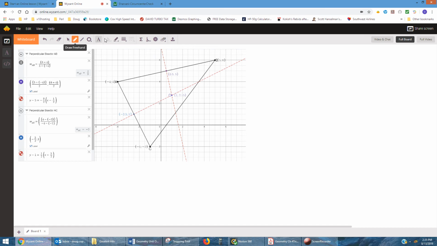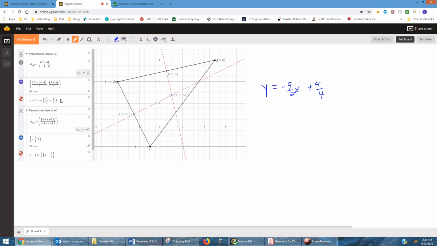Let's rewrite the two equations of the perpendicular bisectors in slope-intercept form. So this one right here would be y equals, distribute the -9/2, -9/2 x plus 9/4, and then add this -5 to the right side.